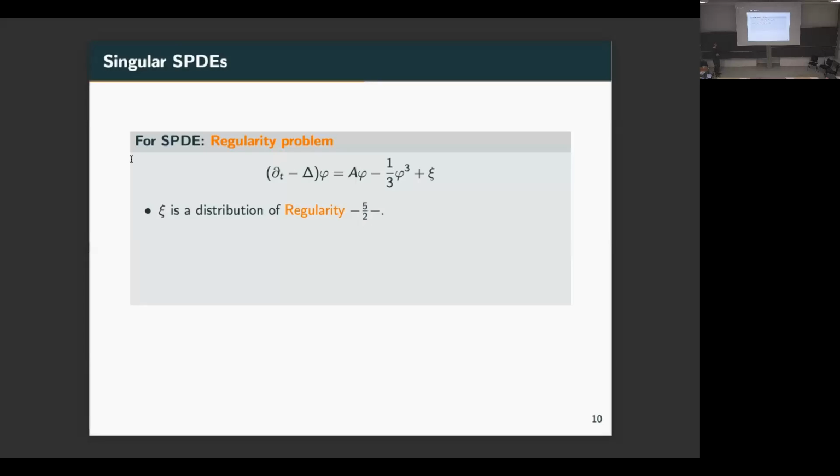If the world is kind of good, then the heat operator should improve regularity by 2. So this phi should be a distribution of regularity minus 1/2, which I'm not going to explain.